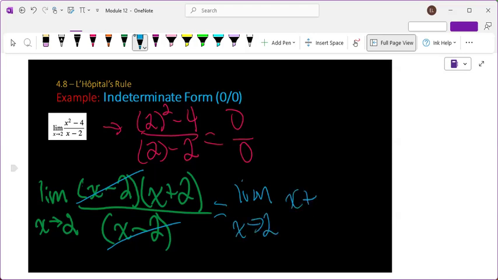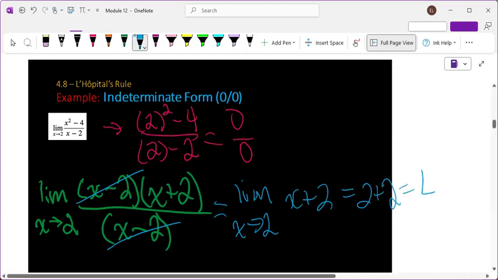But now that we've canceled out the offending factor, we get that the limit as x approaches 2 of this quotient is 4. So even though in the original formula, when we tried plugging in the number, we got bad math, it's a hole there, but that hole is at 4.